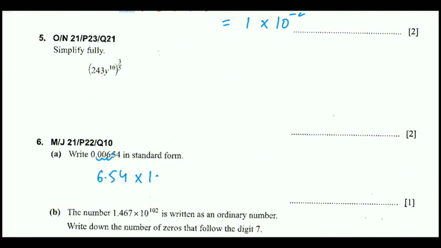I told you that you have to write 10 by yourself if there is no 10 in your question, and you can consider its power as 0. So you are moving your decimal 3 numbers right side, the power will be reduced by 3. It will become 6.54 multiply 10 raised to power negative 3. So you can write this step directly. Okay.